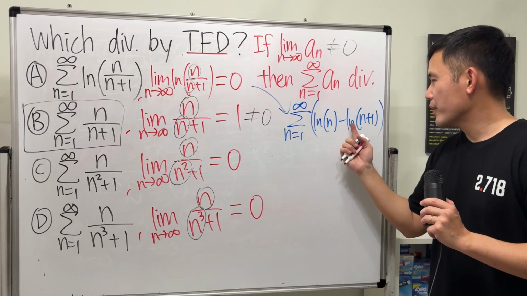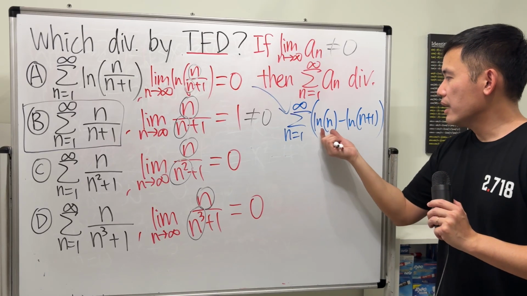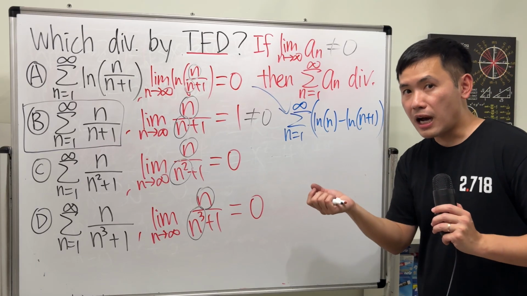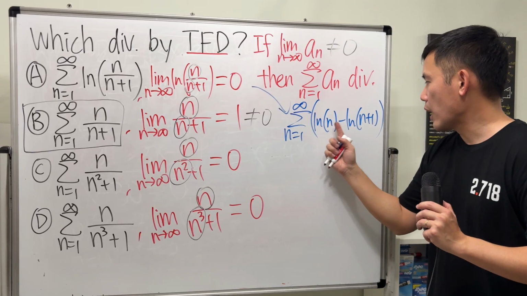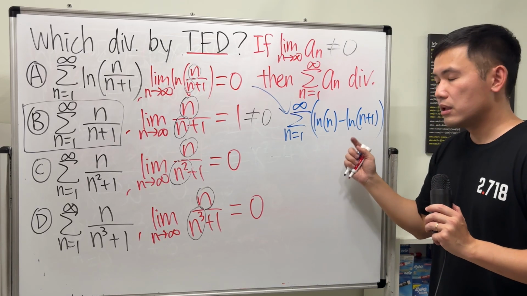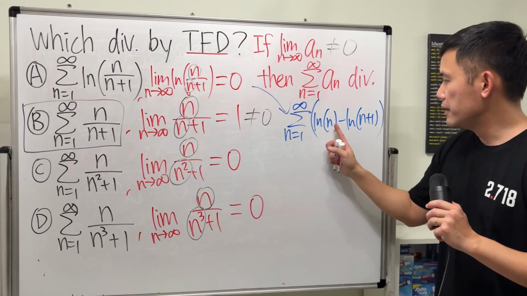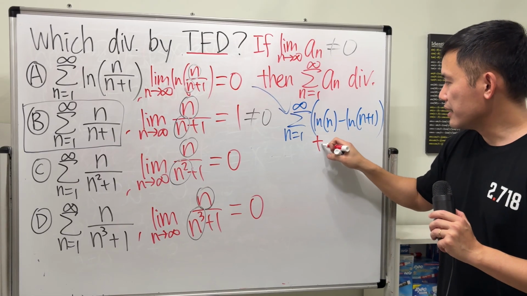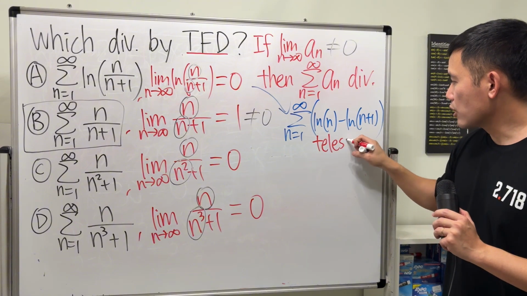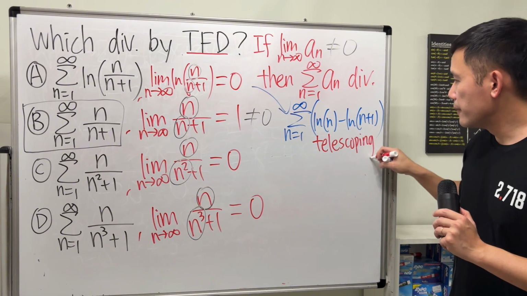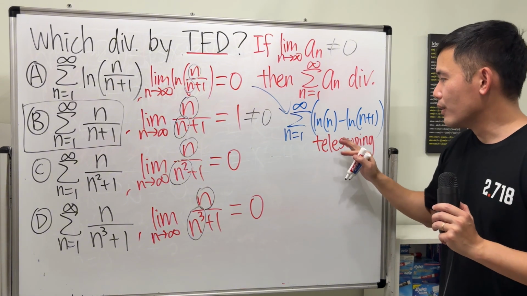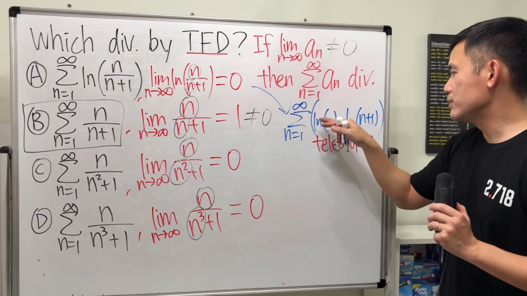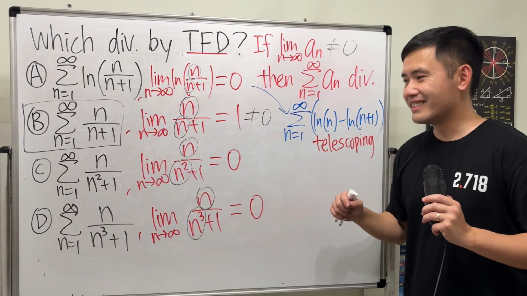Now, as you can see, we have a subtraction in between. This and that are of the same kind, right? Both of them are ln. And the input, they are just off by 1. This is n, this is n plus 1. So this right here is an example of a telescoping series. So make sure you know how to continue from here once you notice this is a telescoping series.